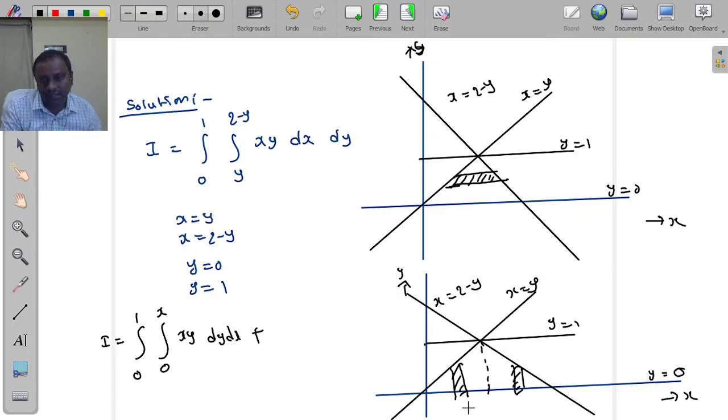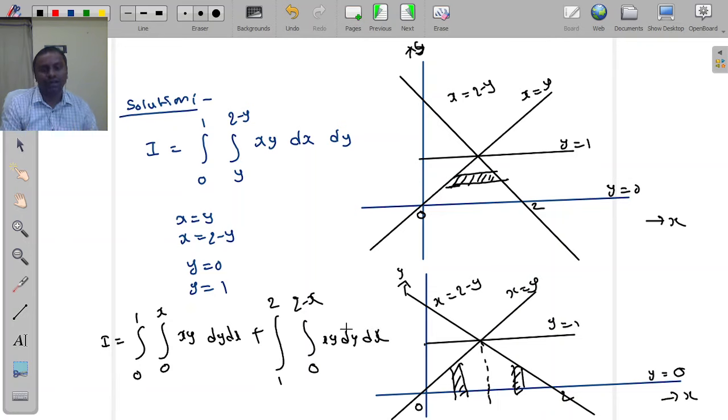This is for this region. For the other region, x is varying from 1 to 2, and y varies from 0 to 2 minus x, for xy dy dx.